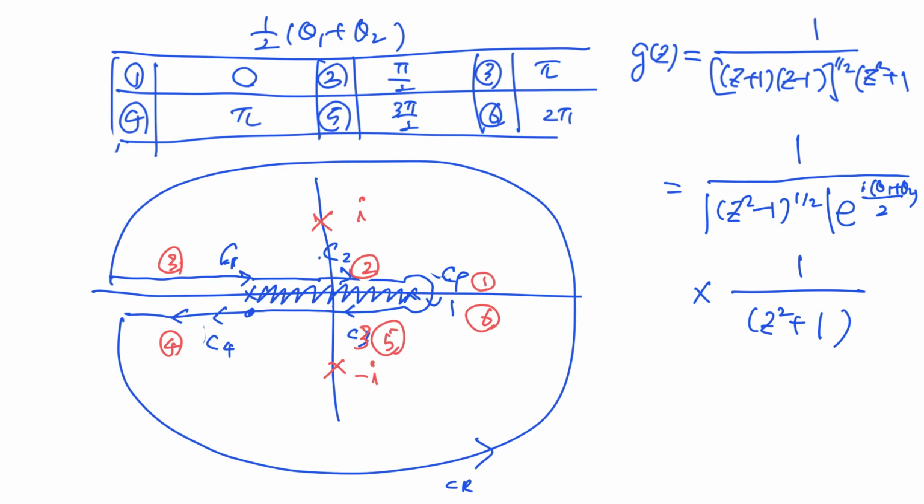I think I need to make a copy again. Whole thing. Which direction? C1, C4, right? Just for your convenience, this table.